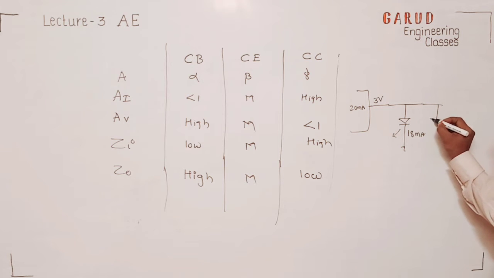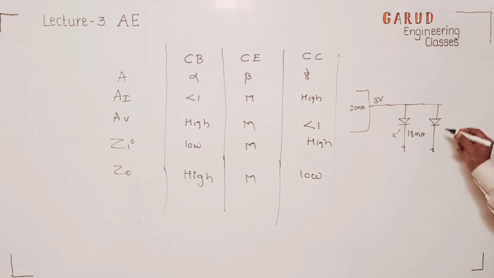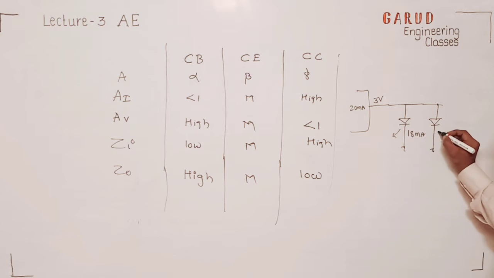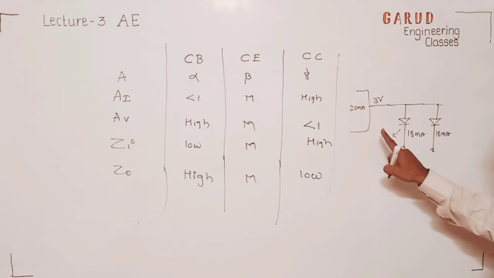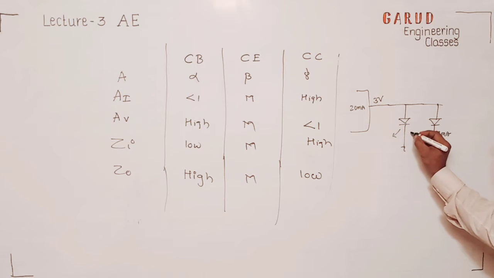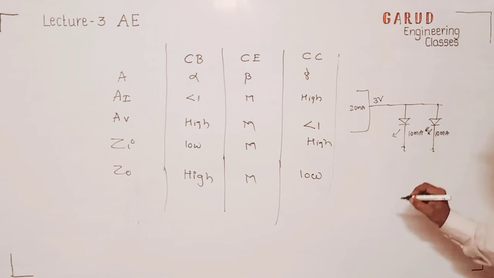Now if I connect one more LED over here, what will happen? It will get 3 volt here because in parallel the voltage remains the same. But the demand of this is 18 milliampere, and the IC will not supply that. It will supply 20, so each gets 10 milliampere. So the brightness of the LED is somewhat less.